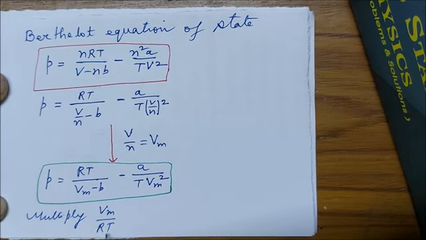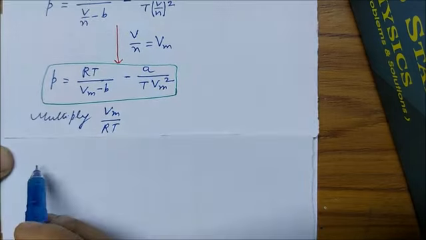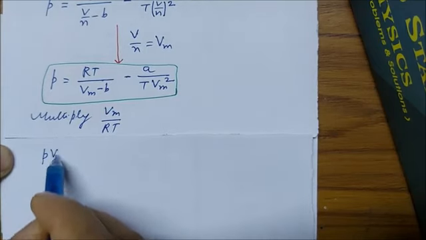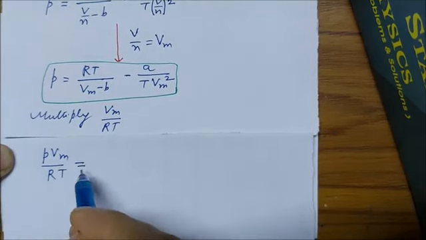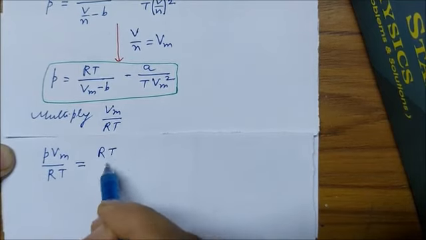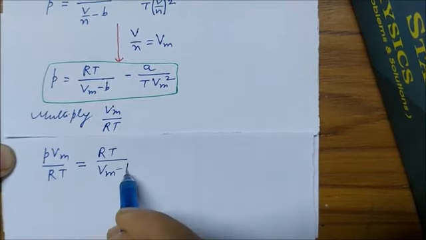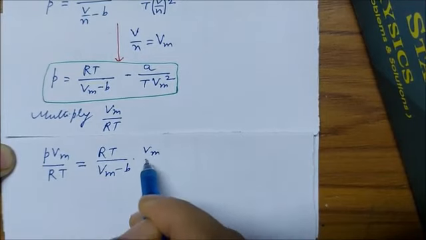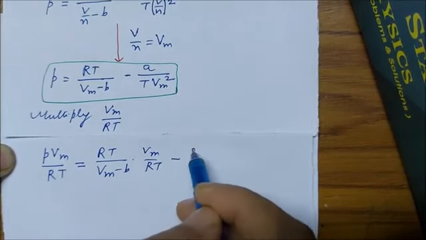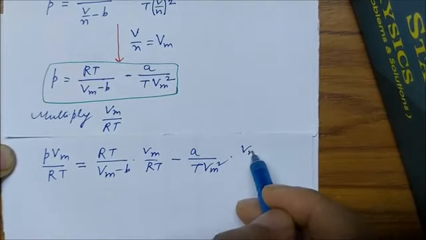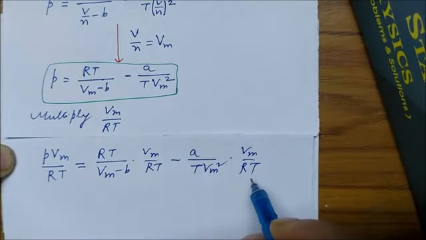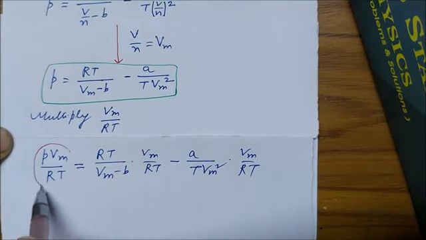So the next step after multiplication gives us, now this is Z, the compressibility factor.